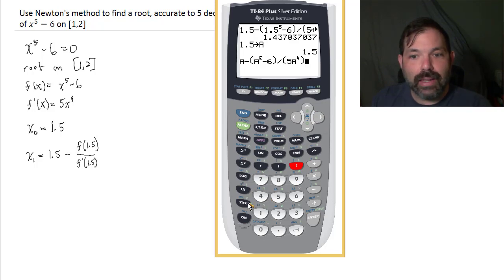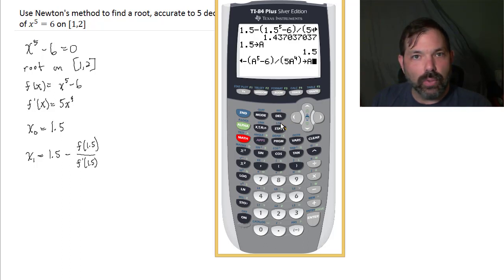And I'm now going to take that and store it as A. So if I were to hit enter now, it would do that same process, take the 1.437037037 number and store it as A.